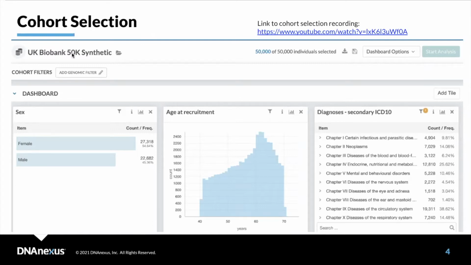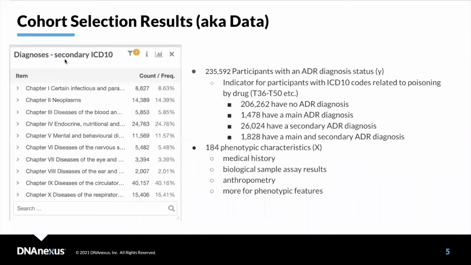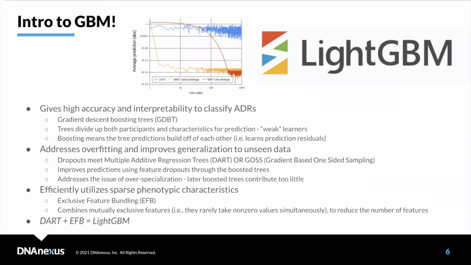We did this for the entire UK Biobank cohort of over 500,000 people and pulled out lots and lots of folks who had adverse drug responses, 235,592 to be specific.